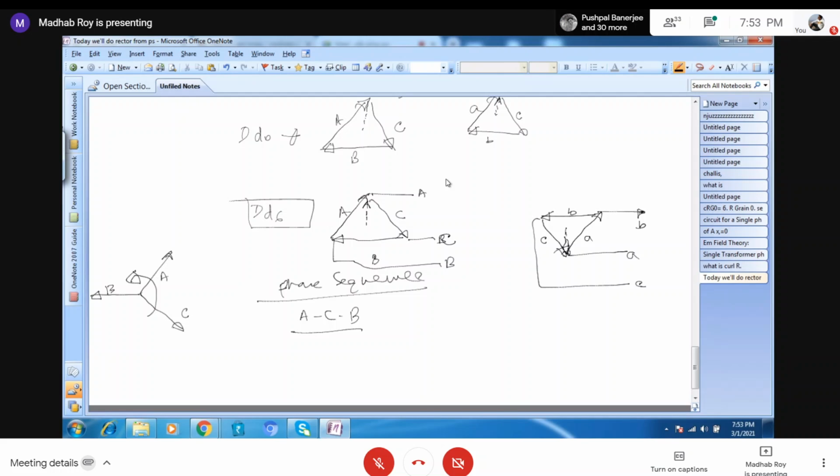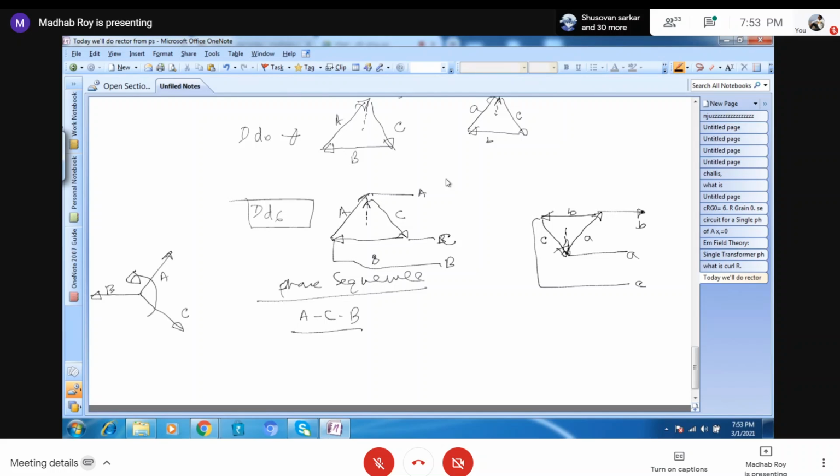Got it? I have not changed the rest, but the connection is different from what you have done earlier. You see that in the earlier DD0, C positive was connected with the B negative.